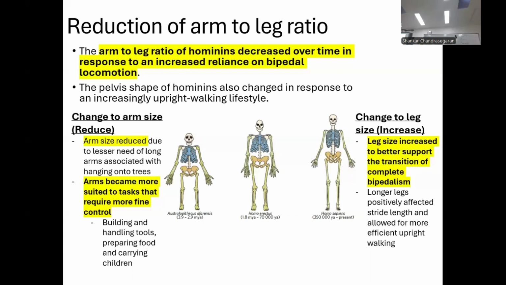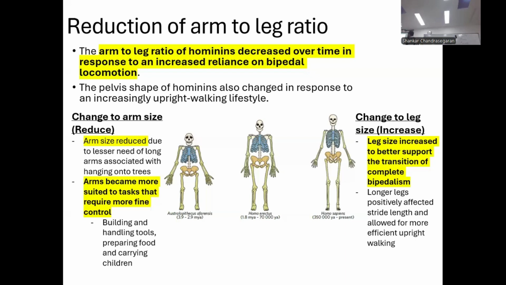So our arms became more suited towards tasks that required more fine control, such as building and handling tools, preparing food, and carrying children. Our hands actually became more dexterous to handle these kinds of tasks, which you can see over time. And our arm sizes also reduced because we did not really need to use them for hanging from trees.